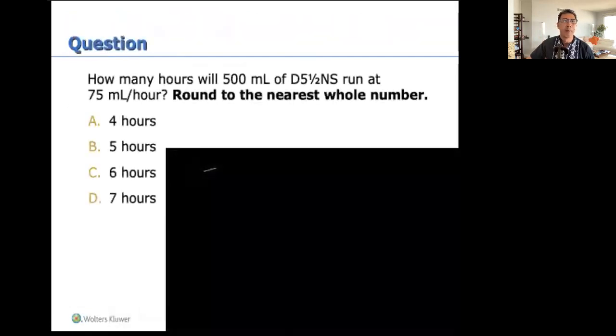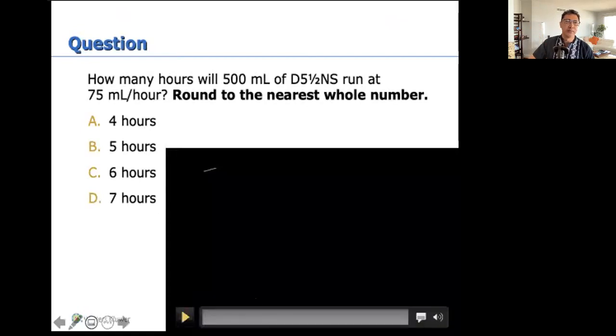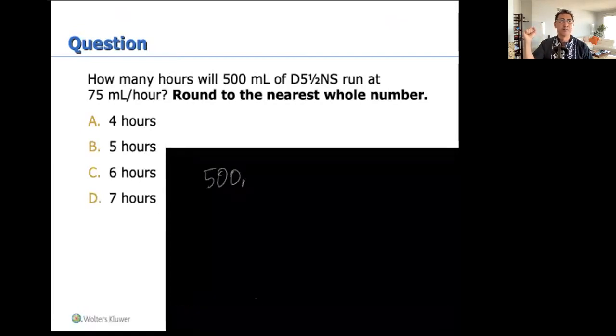Let's do another one. How many hours will 500 ml of D5 half NS run at 75 an hour? Round to the nearest whole number. Most questions that require rounding will specify it in the question. Total number of mLs to be infused is 500, at 75 mLs per hour.